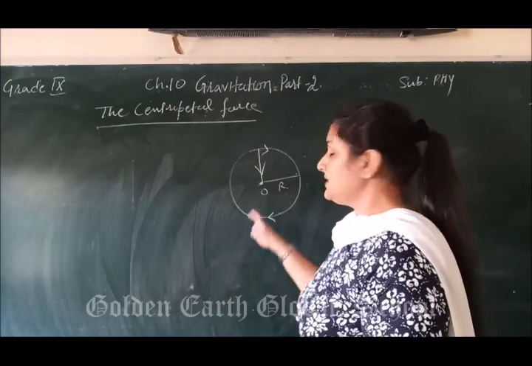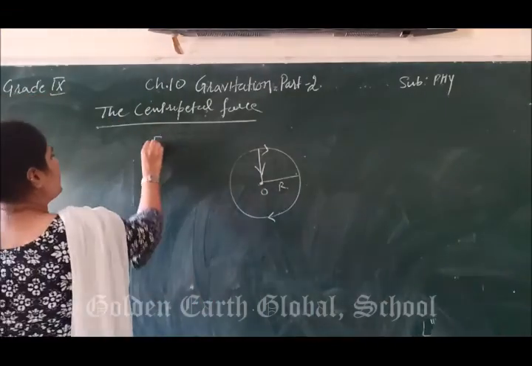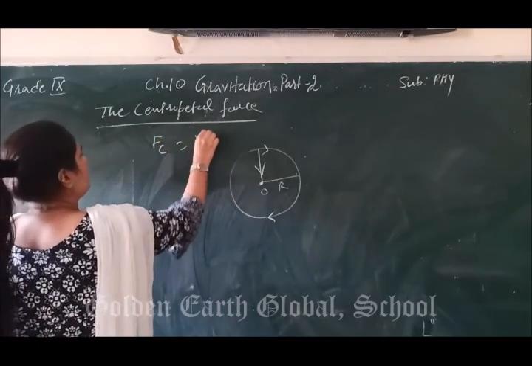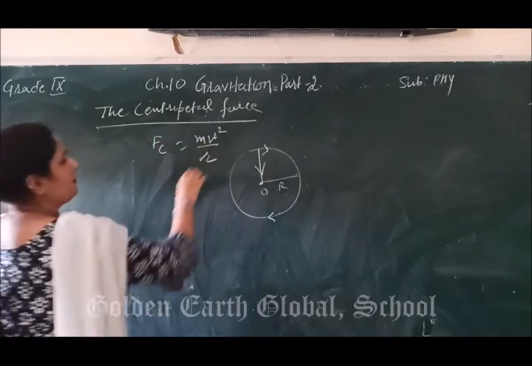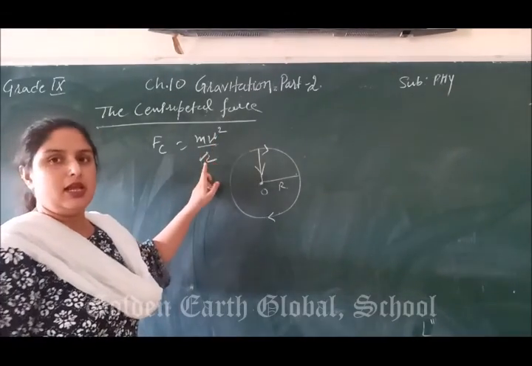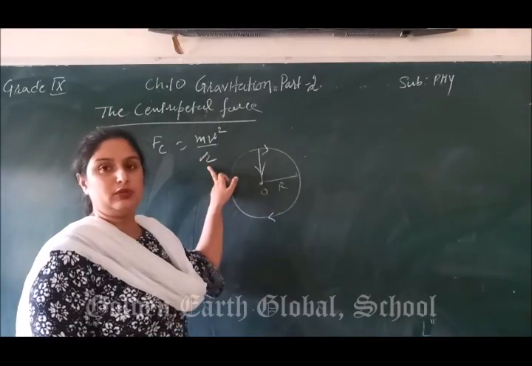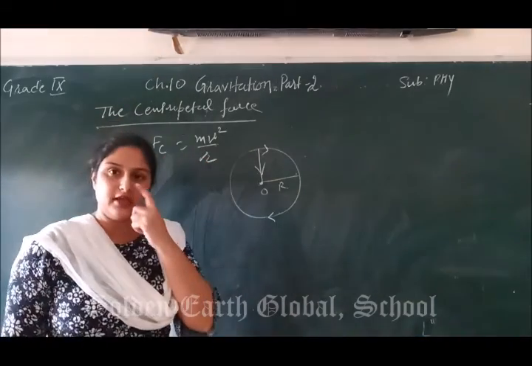Next, the centripetal force Fc is given by mv square upon r, where v is the velocity of the particle and r is the radius of the circle in which the particle is moving.